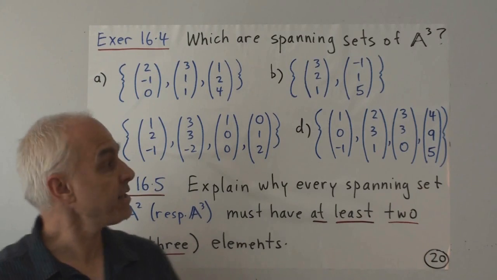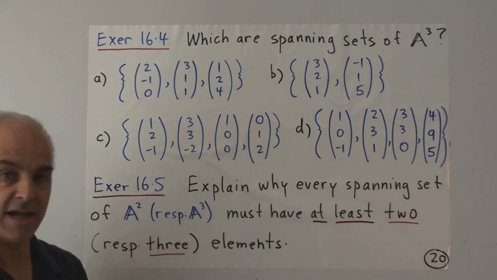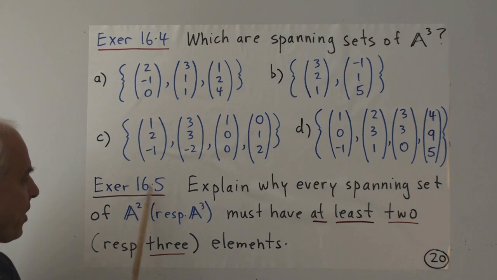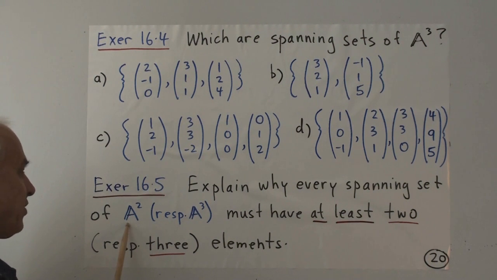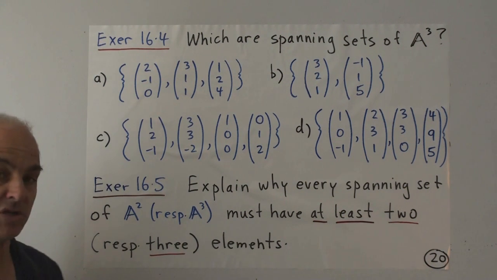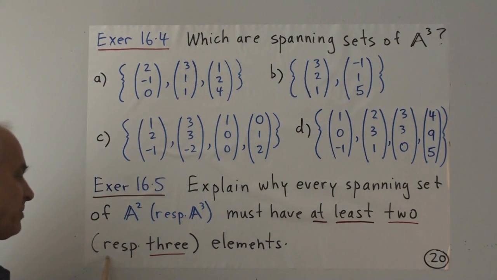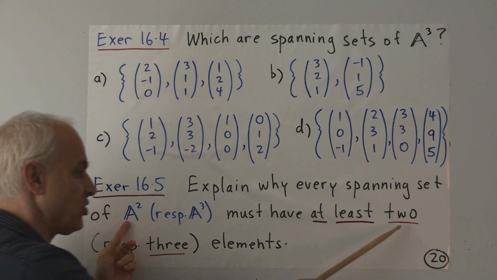In our fourth exercise, I'm asking you to find out which of these are spanning sets of three-dimensional space. And the fifth question, explain why every spanning set of either two-dimensional space or three-dimensional space must have at least two, respectively, three elements. So a spanning set of A2 has at least two elements.